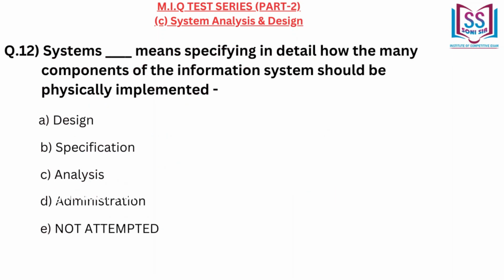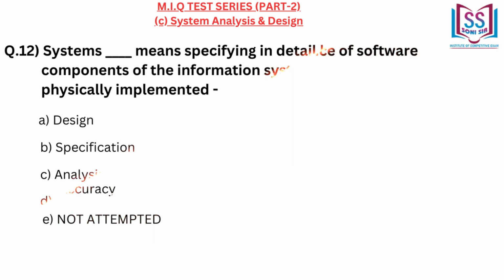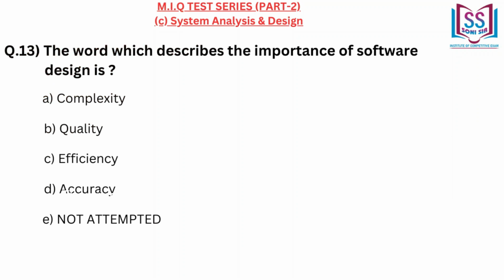Systems dash means specifying in detail how the many components of the information system should be physically implemented. A. Design. B. Specification. C. Analysis. D. Administration. The word which describes the importance of software design is A. Complexity.